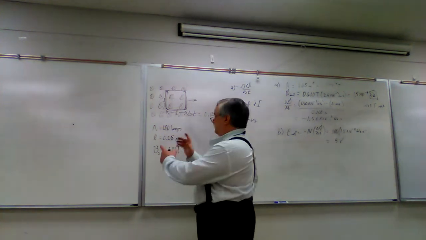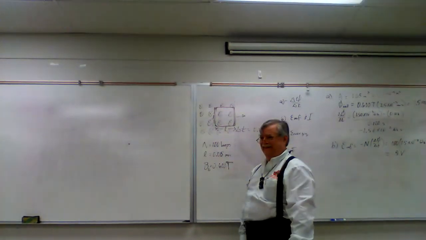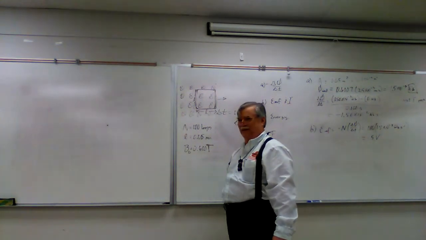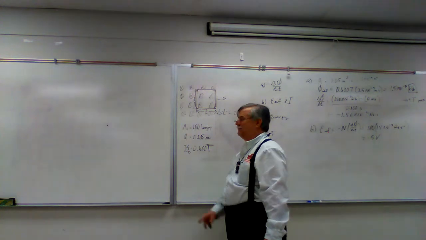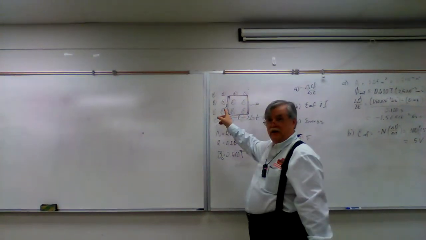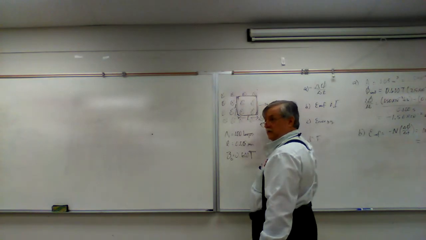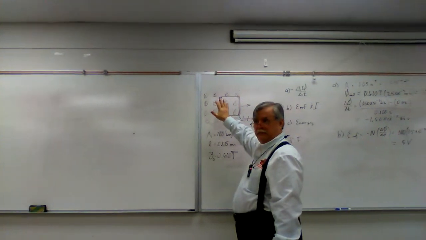Now, the flux, it's got to go clockwise or counterclockwise. It can't go left or right. But by Lenz's law, as we pull this loop out of the magnetic field, what's happening to the flux?